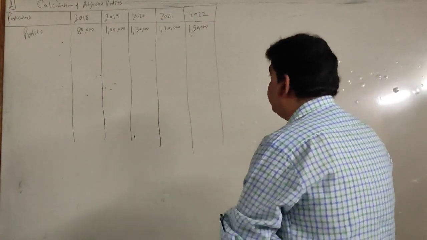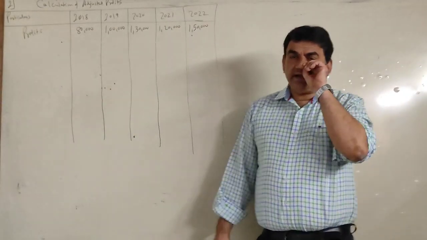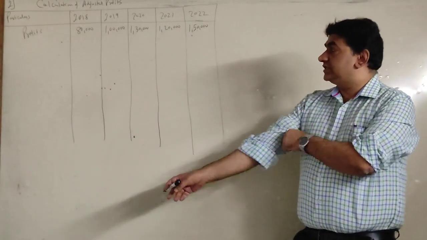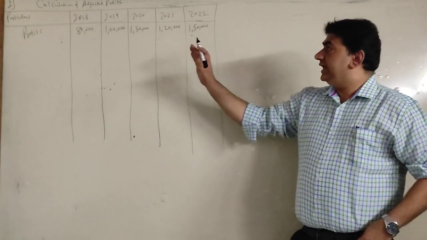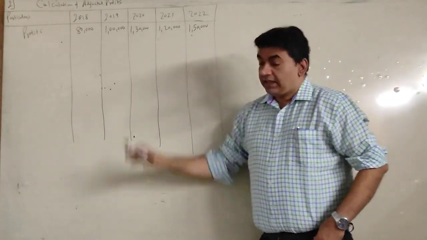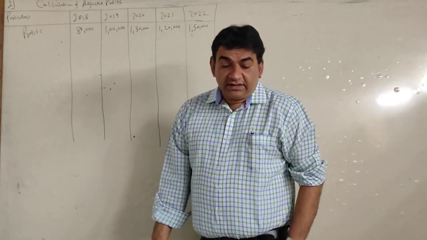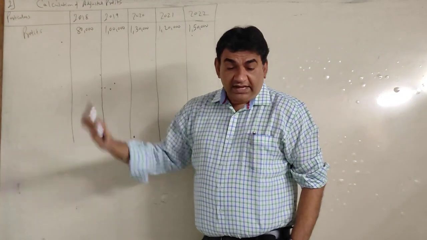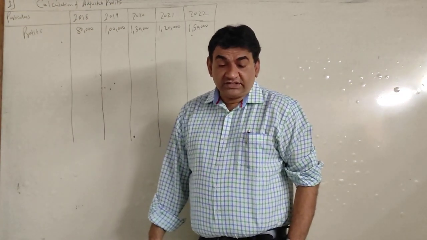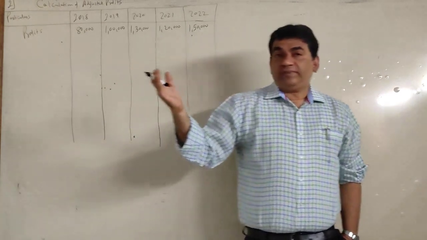Same table, first part, calculation of adjusted profits. There are 5 years of profits. So particulars 18, 19, 20, 21, 22. Okay, let's take one by one. First adjustment. Now I've already written the profits. Okay, loss by theft 10,000 in 2018, first year. Loss by theft.